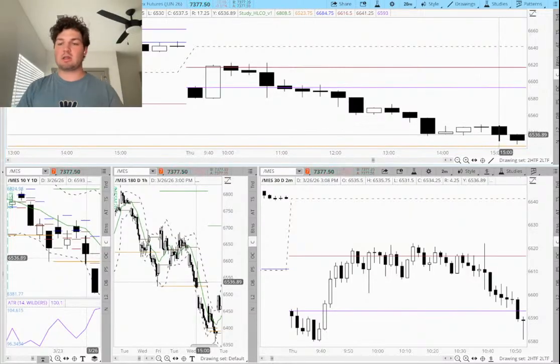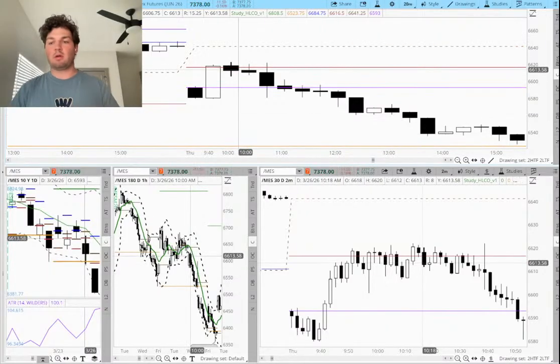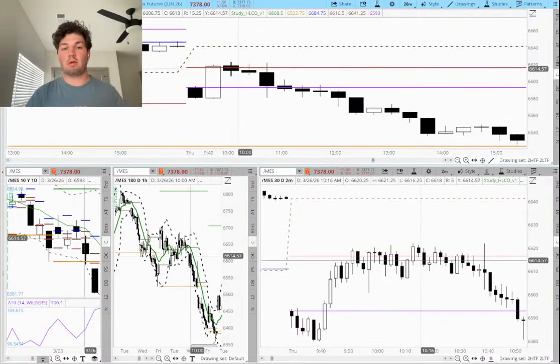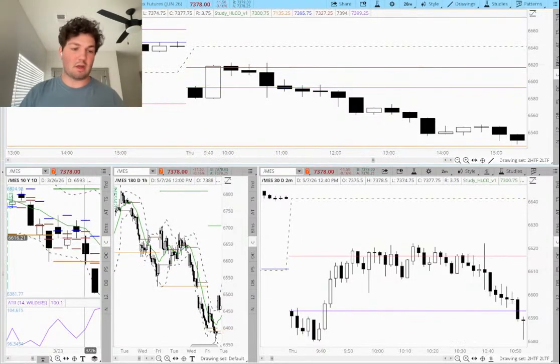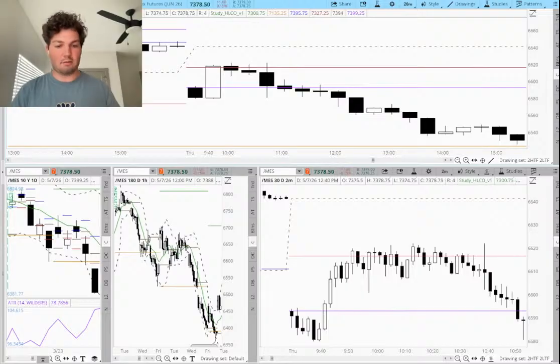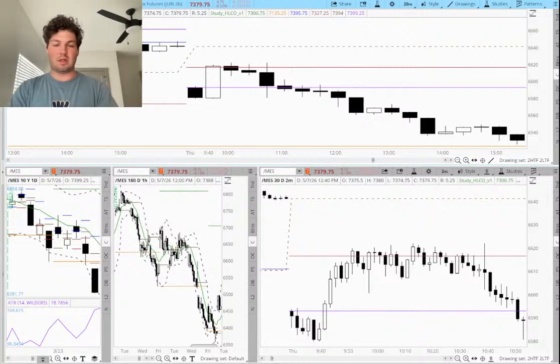So 36 or 30, let's say 38 from 15 or 12. So that'd be a really solid trade. So what do you say? We'll say 9.5 stop loss.